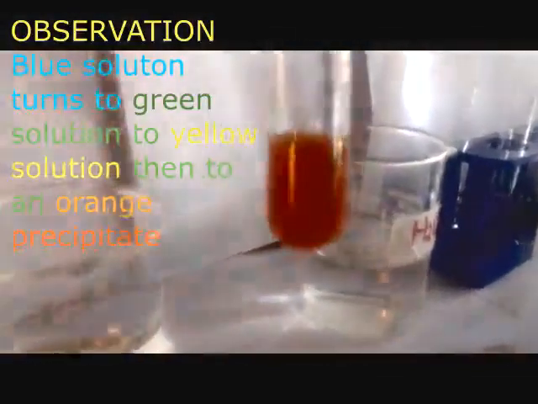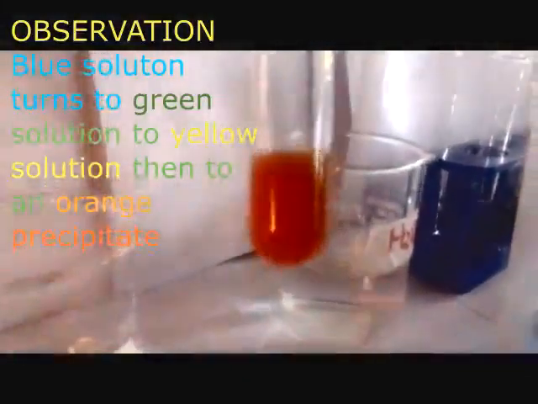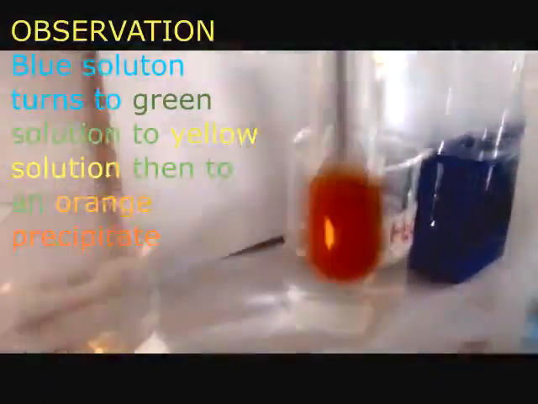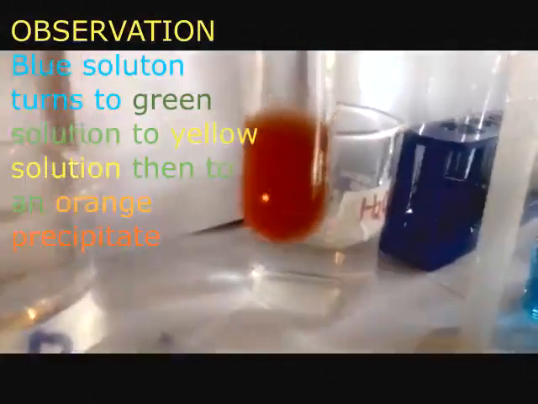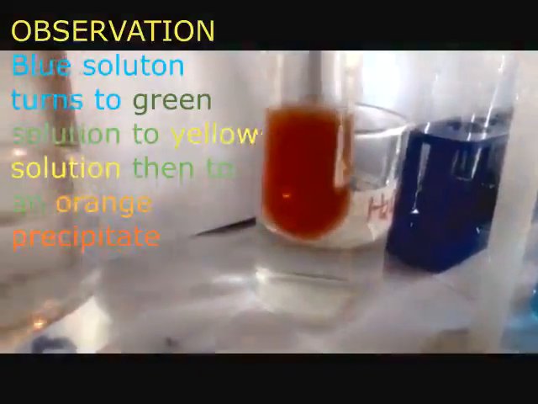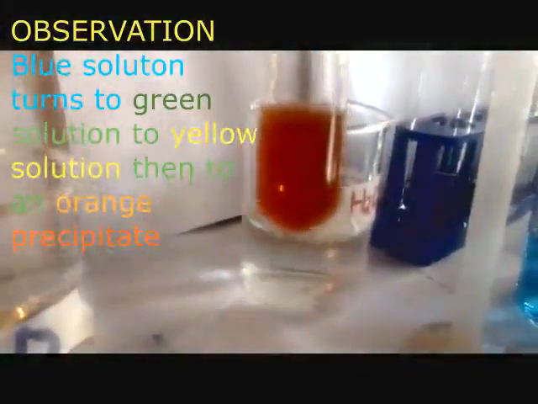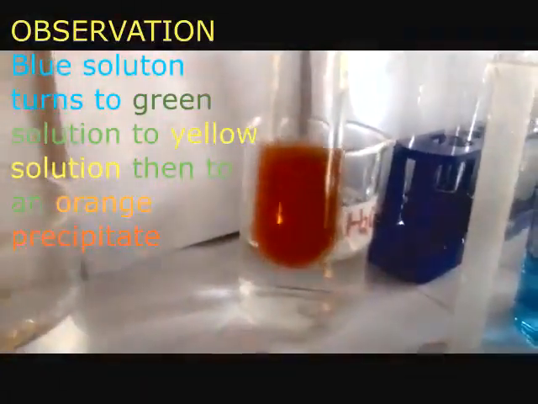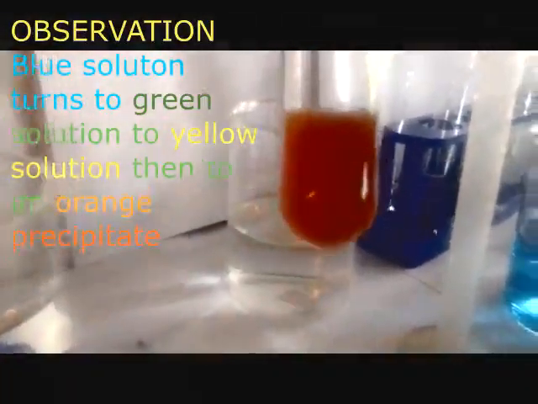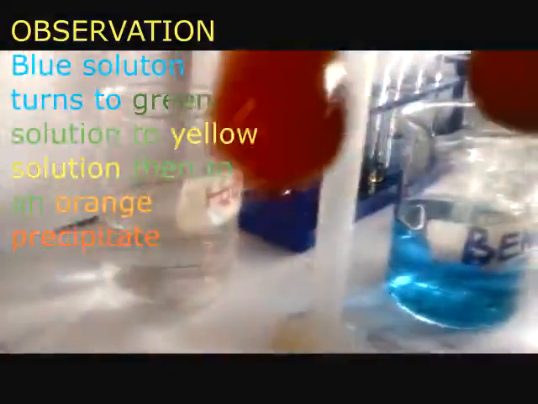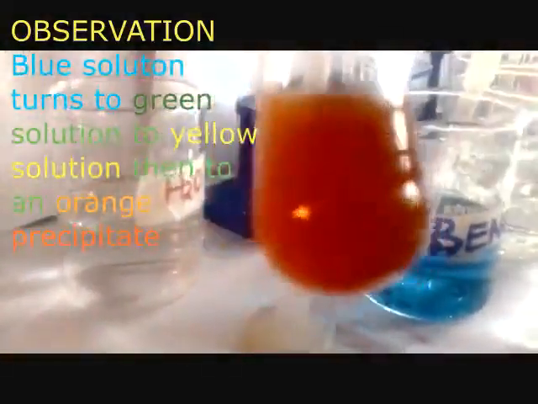When you look at the first one, green, yellow was the solution. Then when you examine our color changes, at the start, green was a solution, green solution. Then it turned to a yellow solution. Then finally we are seeing it turning to an orange precipitate. So we are forming an orange precipitate if you are observant there.